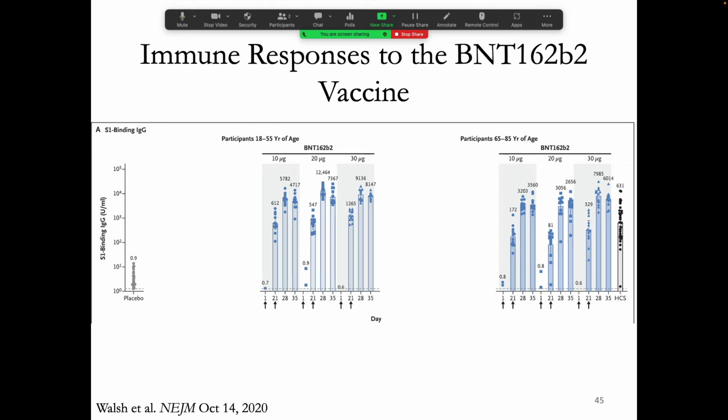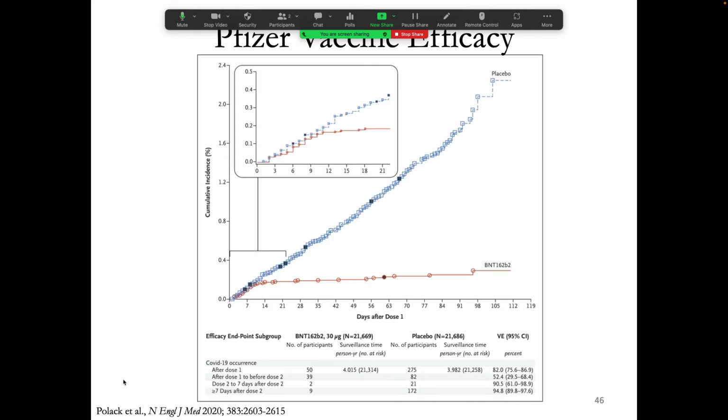So if you were in this group, you're sort of playing dice about if you're going to have a lot or a little. If you got the vaccine, you're definitely going to have a lot, is what they showed in these data, leading to the efficacy as is shown here. And we talked about the efficacy data last time.